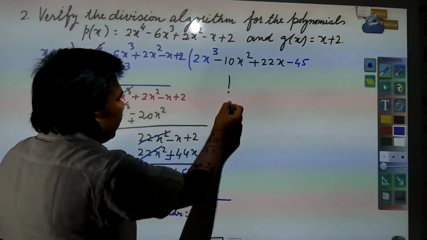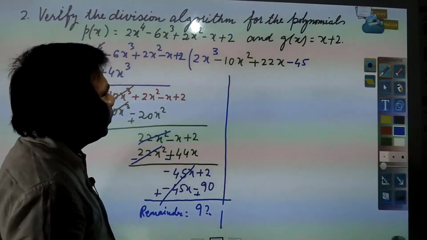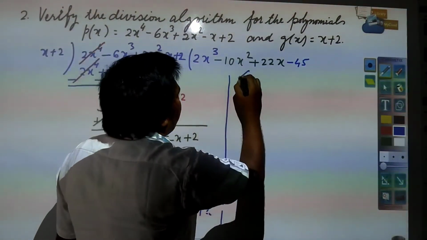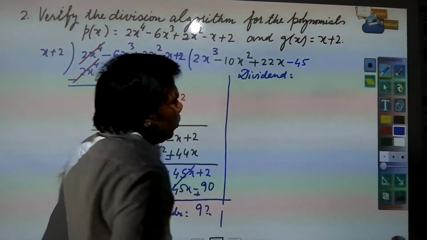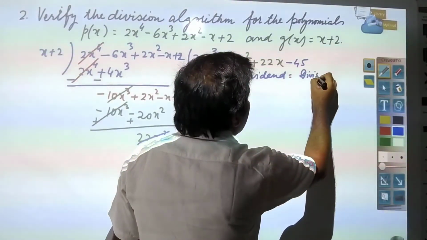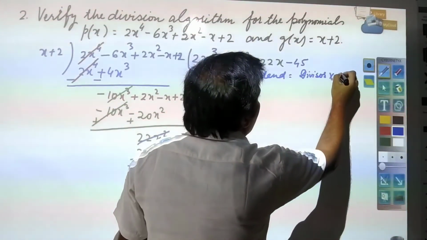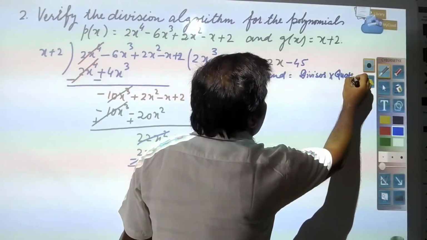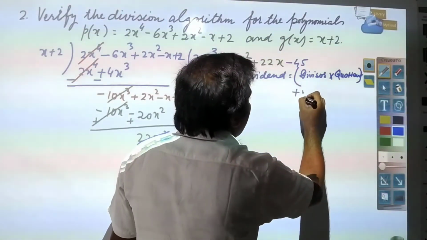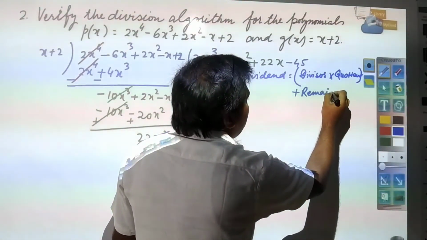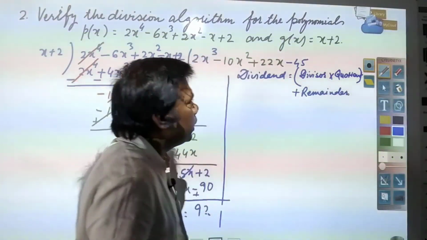Now we need to verify, and for verification what we need to do, we know dividend is equal to divisor into quotient plus remainder. This you know, this is the division algorithm.